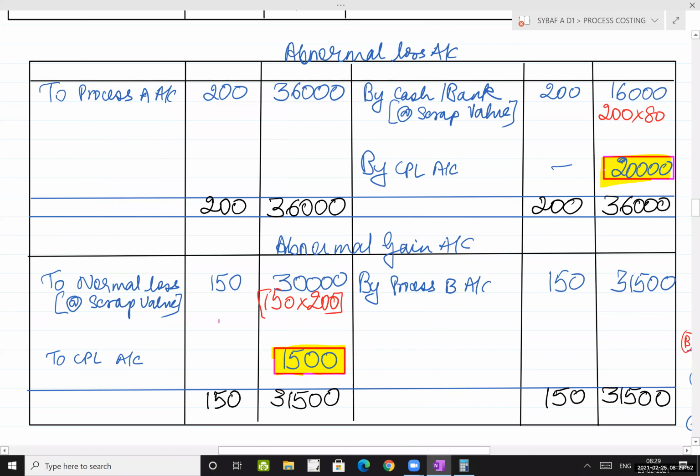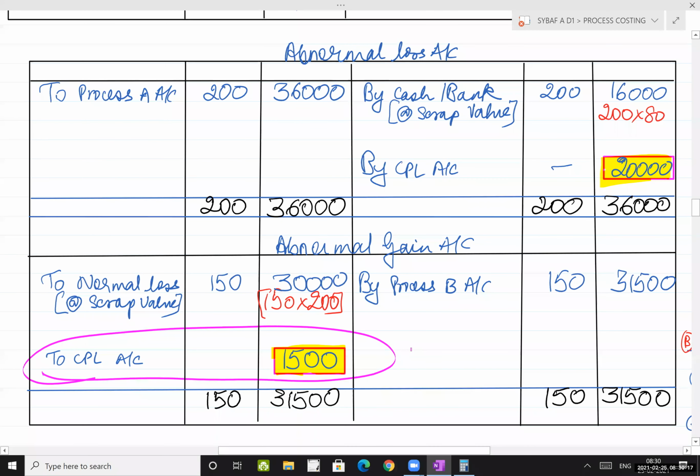Step 1, step 2 done. In step 3, whatever is the profit element will be transferred to CPL. Obviously gain means profit will come. Okay, there is no option that it will go to loss, it cannot happen. Abnormal gain means you have made a profit, so profit will be reflected. See, abnormal gain account debit to CPL.